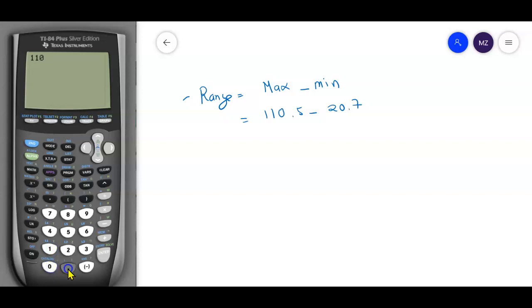Remember this is an exam, and I don't want to make a mistake. So 110.5 minus 20.7, enter, and that's going to be 89.8. The range is 89.8. Okay, let's go back.